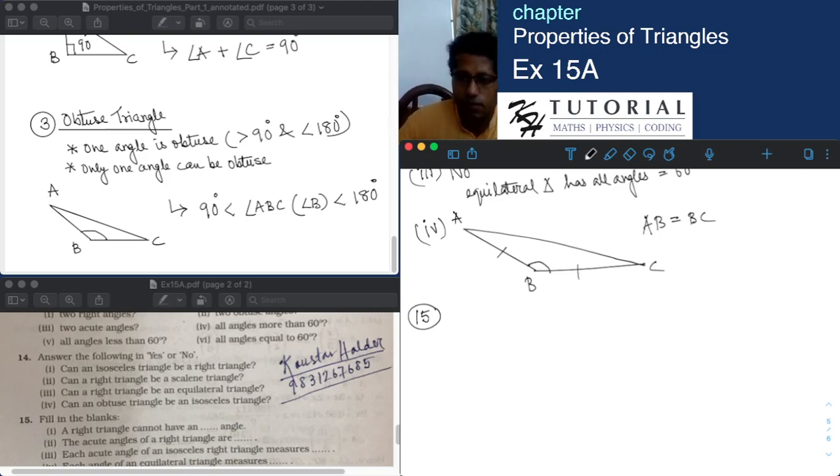Now we have to ensure that if one angle is obtuse, we are making the sides AB equal to BC, but we have to make sure that AC is not equal to AB. If AC is not equal to AB, then only we can say that it is an isosceles triangle, because in an isosceles triangle only two sides are of equal length. And can we ensure that AC is not equal to AB?